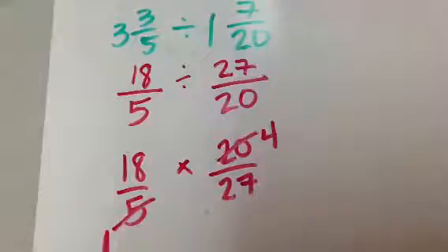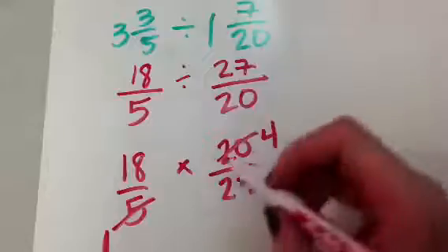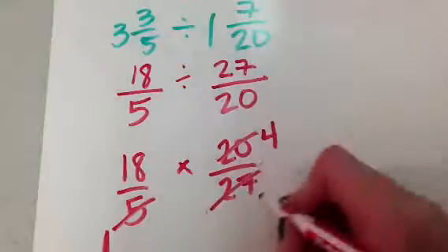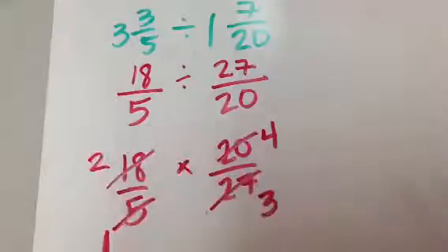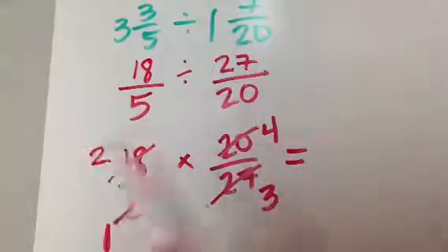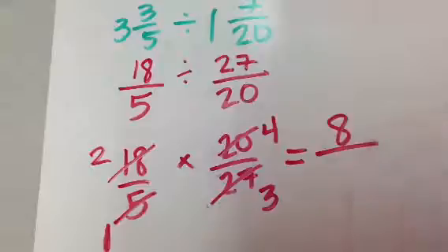I'm going to use 9 because that will cross-cancel me down to smaller numbers a lot faster than 3 will. 27 divided by 9 is 3. 18 divided by 9 is 2. And then I'm going to multiply all my new little numbers here that I created. 2 times 4, 8. 1 times 3, 3.